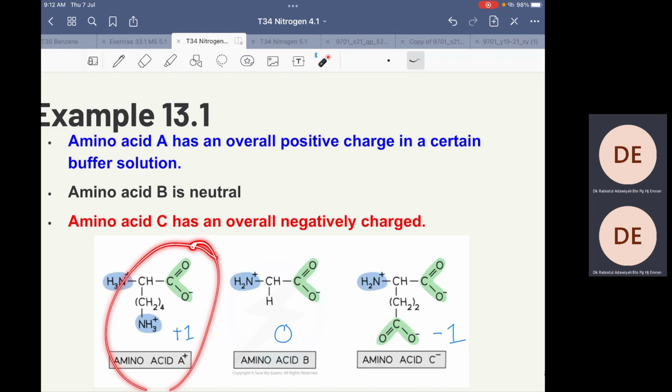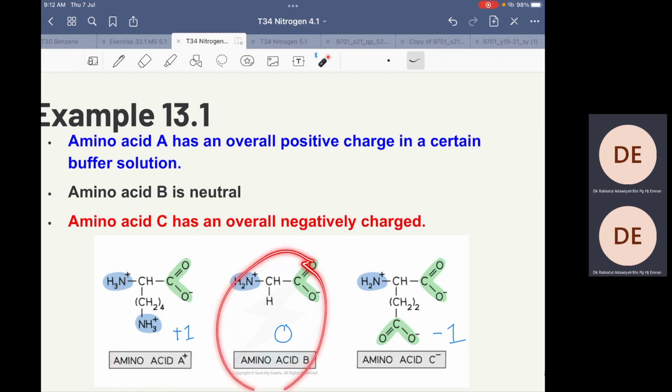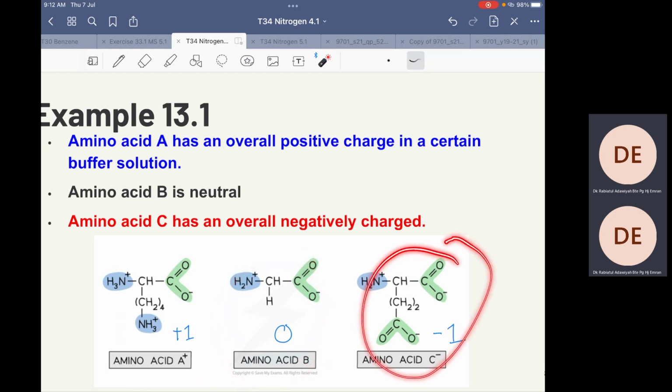Negative terminal. Okay, so anything that moves towards the negative terminal will be amino acid A. What about amino acid B? Will it go to the positive, negative, or does it stay? It stays. It is not attracted to either electrode. And lastly, the amino acid with a charge of -1 will be attracted to the positive terminal.